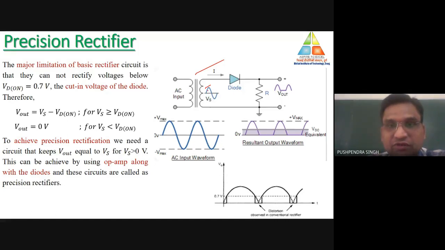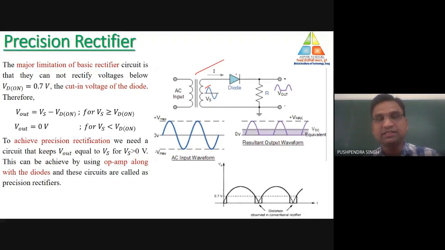Whenever the level of the input signal voltage VS is positive, on that condition the diode will go into the forward biasing condition. But the basic condition for the diode to go into forward bias is that the value of the applied input voltage should be more than the cut-in voltage of the diode.